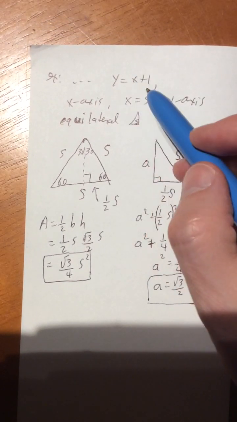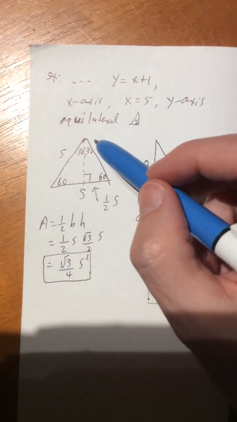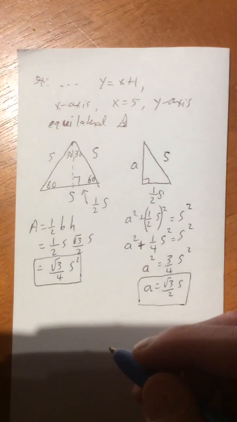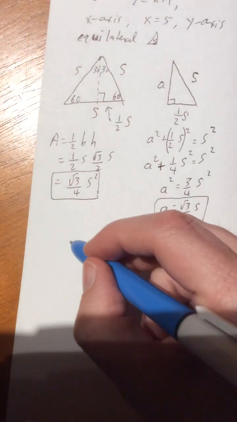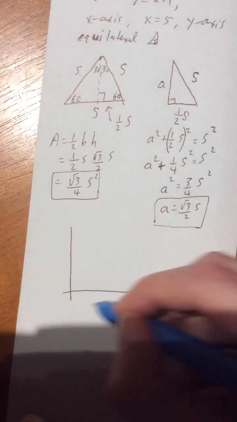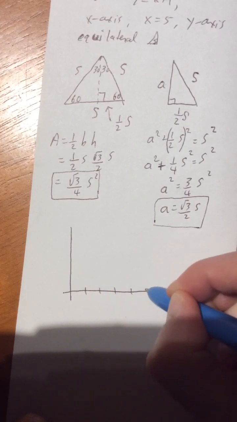So we're going to have y equals x plus 1, x-axis, x equals 5, y-axis, and equilateral triangles perpendicular to the x-axis growing out of the paper. So we can draw our little diagram here now. So it's really the same as before. 1, 2, 3, 4, 5.